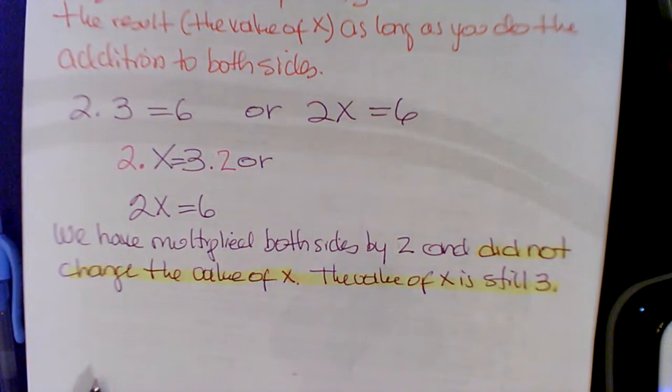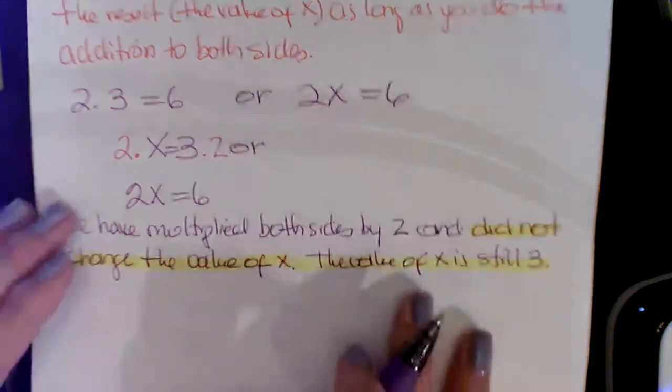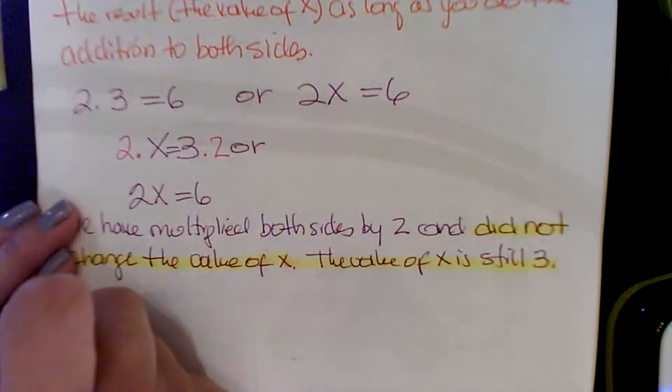So we found another rule. That is, we can multiply an equation by any number and it will not change the result as long as we do the multiplication to both sides. So here's the new rule that we found.